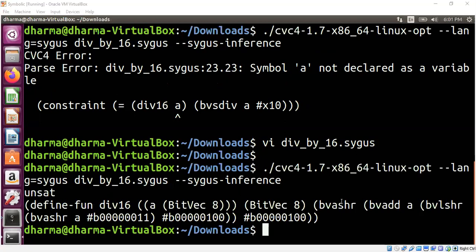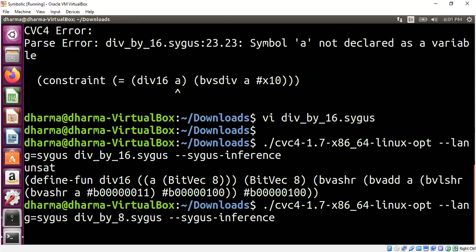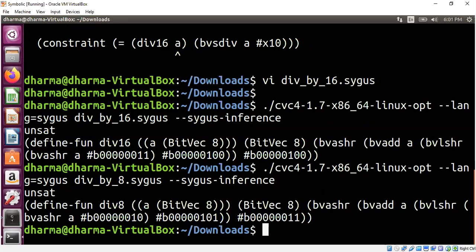And as a matter of fact, the structure is very similar, independent of whether we are doing division by 8 or 16. Let me run the 8 one more time. What is interesting is that we can generalize it to any k when we want to divide by 2 power k. Let's see very quickly. Yeah, it has come. So this is for division by 8.